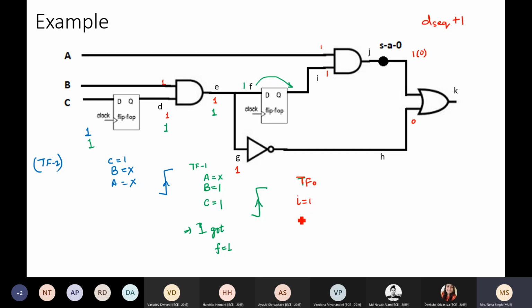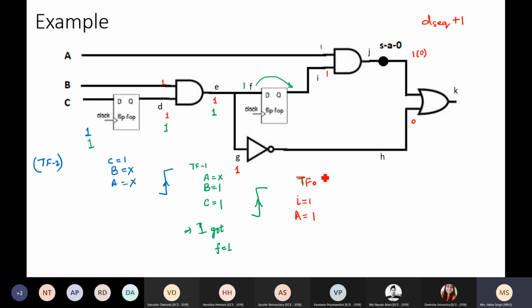What about A now? I should make it 1 because I want this value as 1. So I should put A equal to 1. If I get A equal to 1, I equal to 1, the fault will be activated at J, which will be reflected at K if I have H equal to 0 in this cycle.